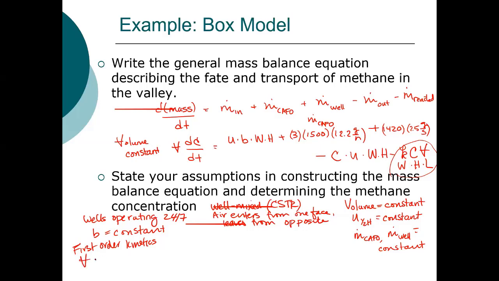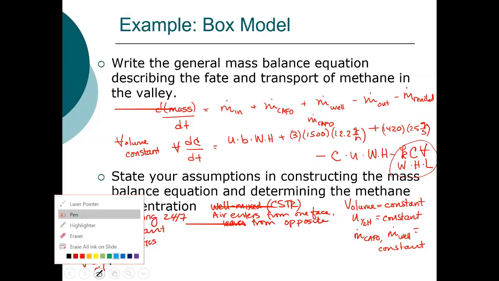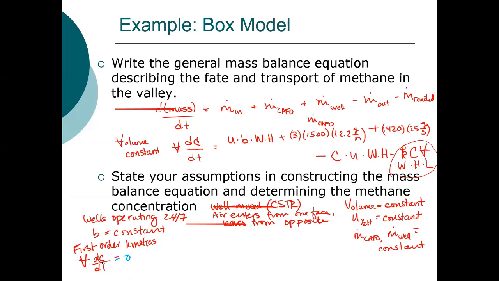So we can assume that the rate of change with respect to time is equal to 0. So those are quite a few assumptions that we can make.